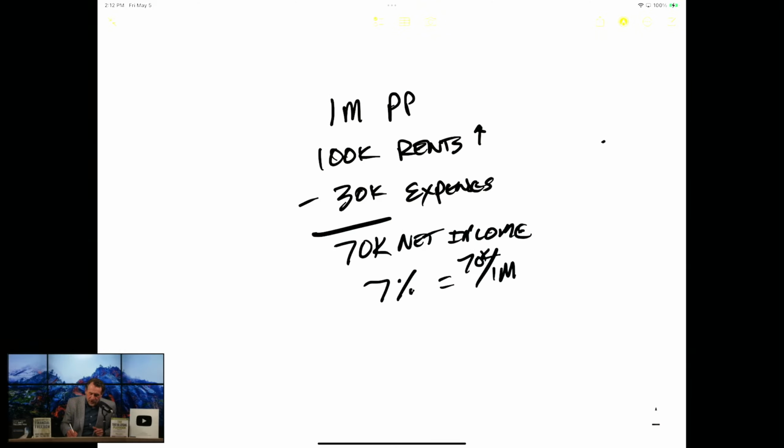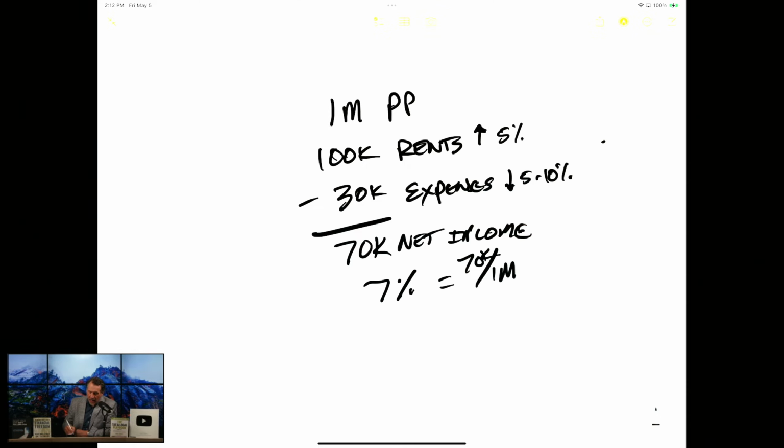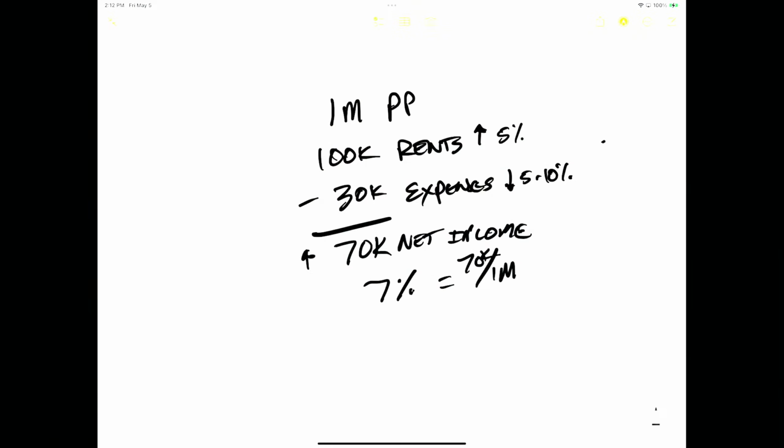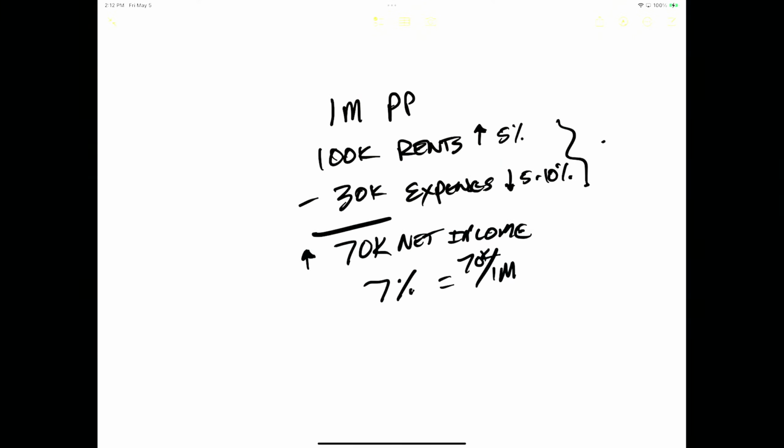If I can increase rents by 5% or more, and I can decrease expenses by 5 to 10% or more because of economies of scale, you know what you're doing, and you're like, hey, I can therefore increase my net income, because the net income is exponentially going to increase the sales price. So having a 5 or 10% change here at this level might increase this, and then increase the net, and then on a 4X or 5X type scenario, increase the purchase price dramatically.